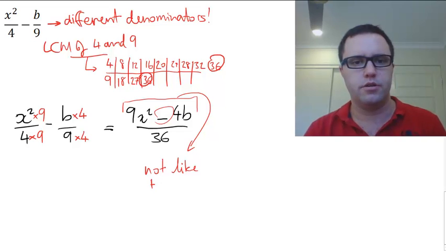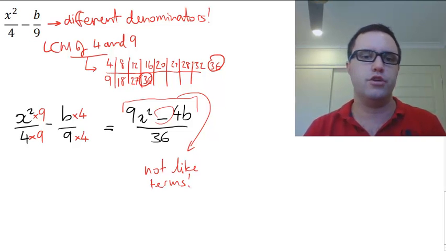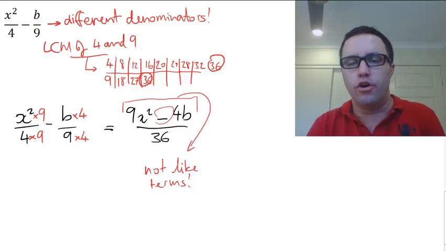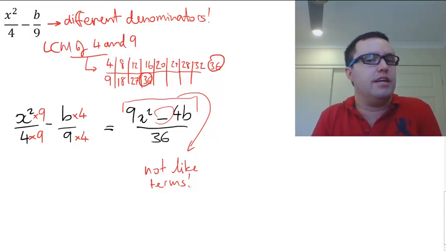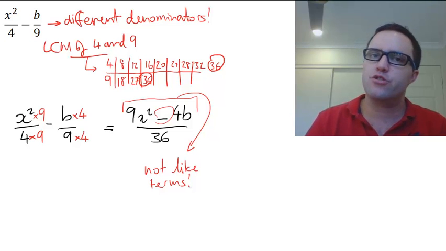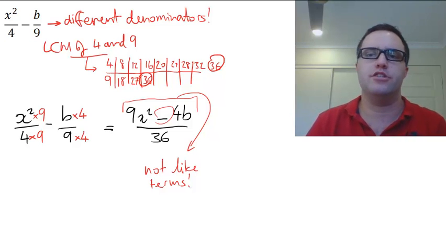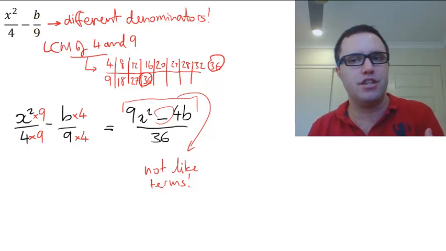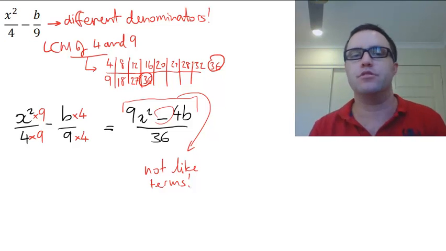So you cannot subtract them. Don't do it. Don't even think about doing it. It is not something that you can carry out. That's probably one of the biggest traps that will happen for you early on in algebra, is that you'll try and do too much to things that you aren't able to change.